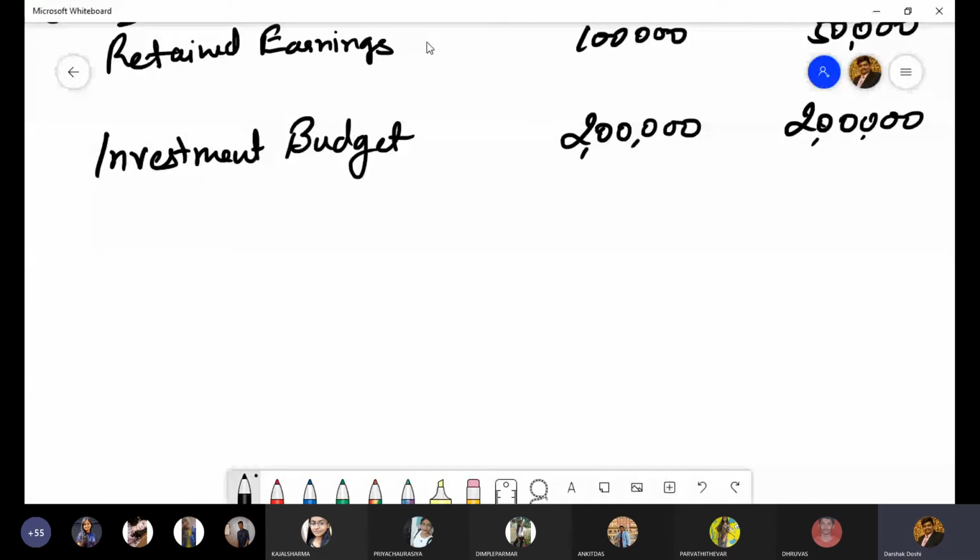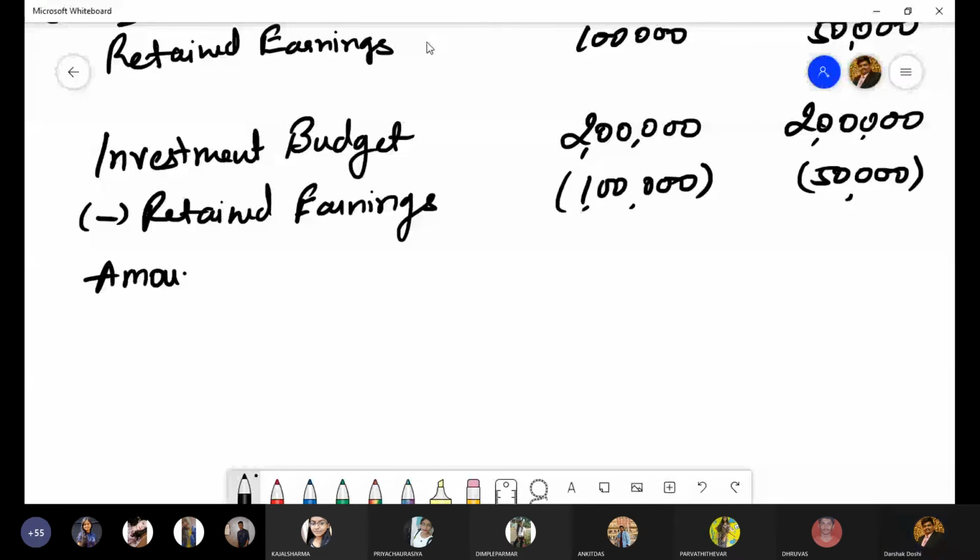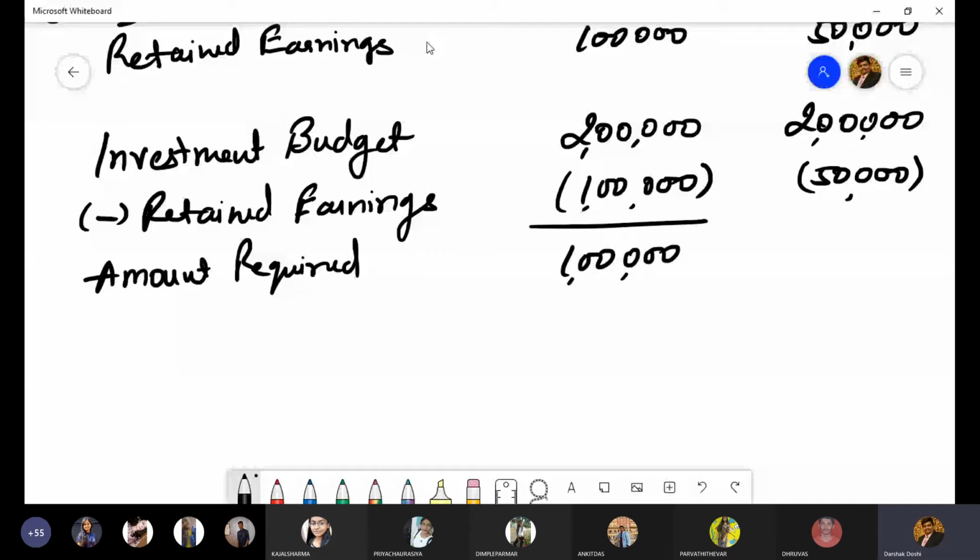So less retained earnings 1 lakh and 50,000 for the second column. So we will have amount required which will be 1 lakh and 1 lakh 50,000.